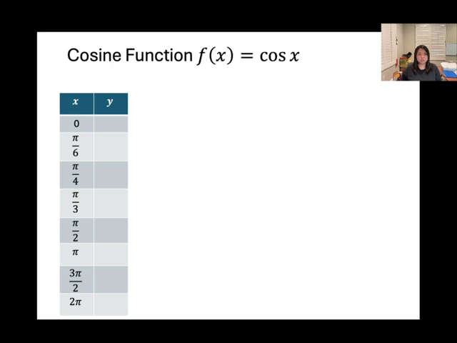Okay, check your work. Cosine 0 is going to be equal to 1, then root 3 over 2, root 2 over 2, and 1/2.